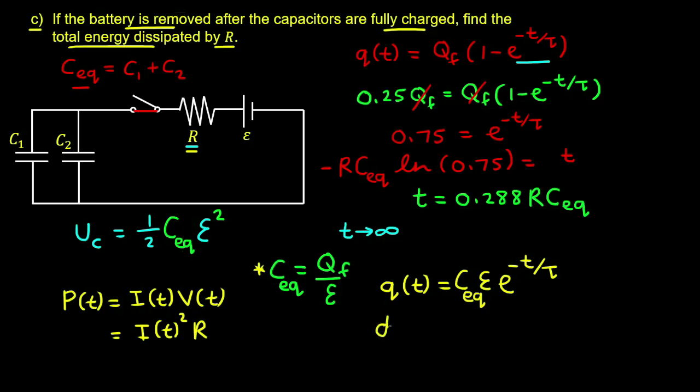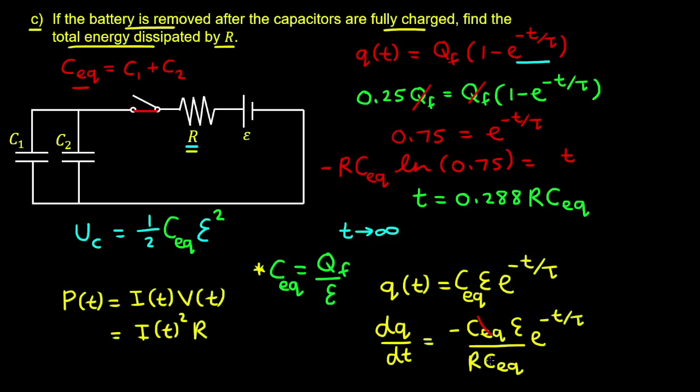And now if we differentiate Q with respect to time, we get minus the equivalent capacitance by the electromotive force on the time constant, which is the resistance by the equivalent capacitance, and that's multiplied by e to the minus t on tau.